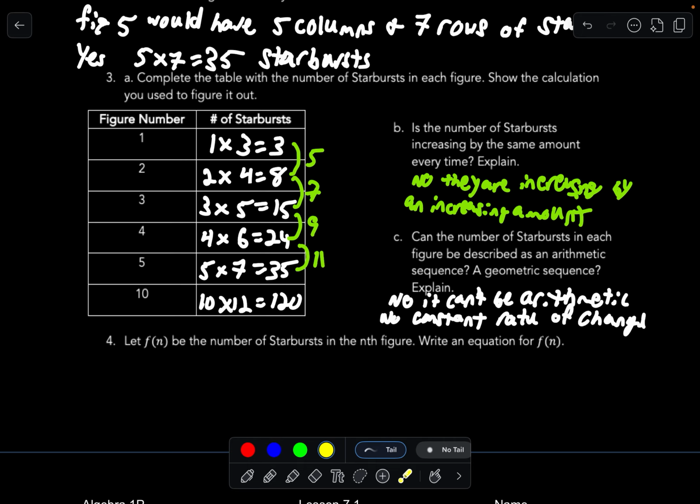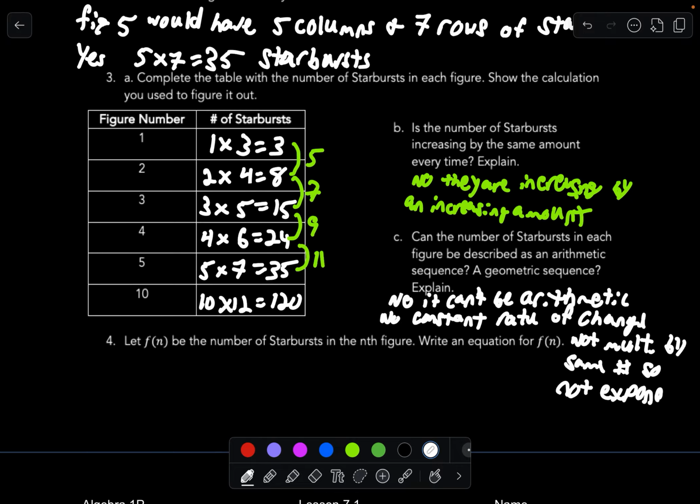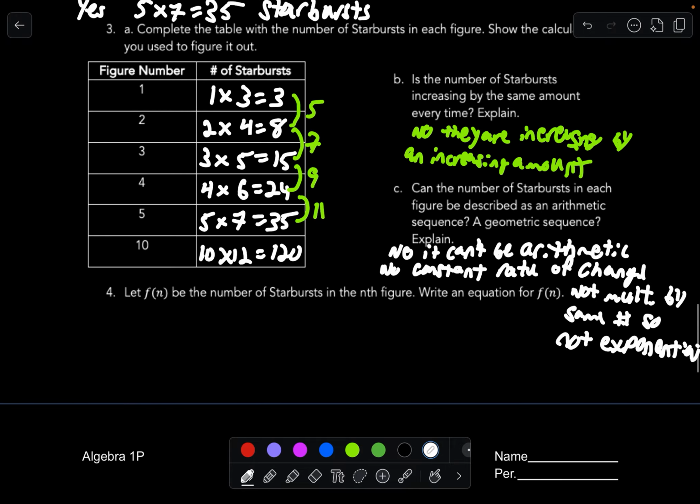And we're not multiplying by the same number. So it's not exponential, no common ratio. You don't multiply by a constant number.